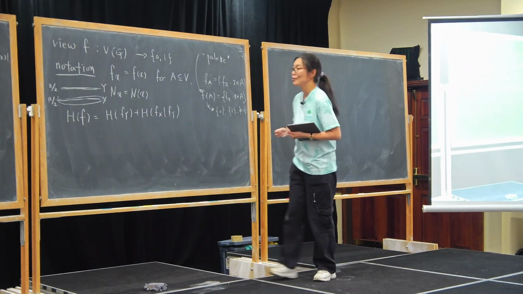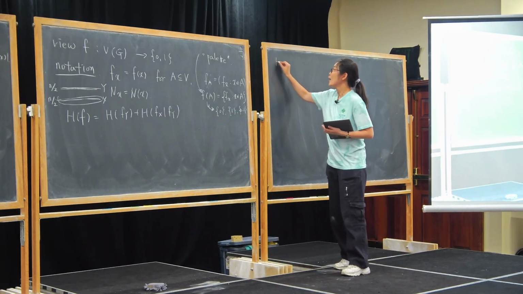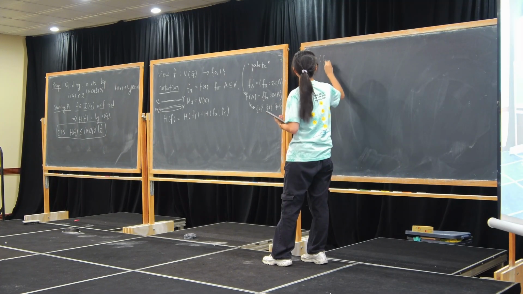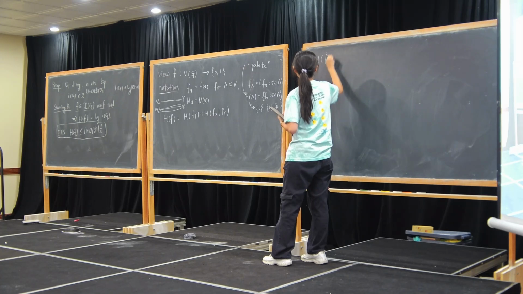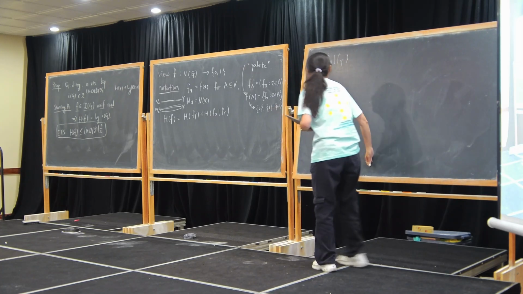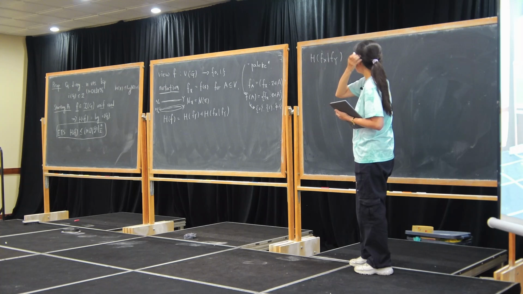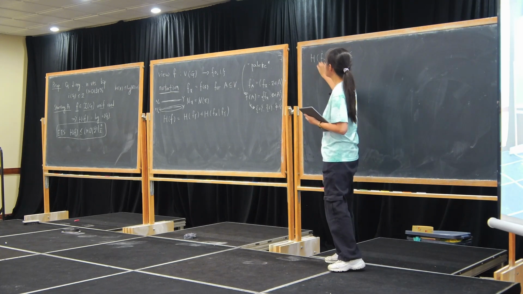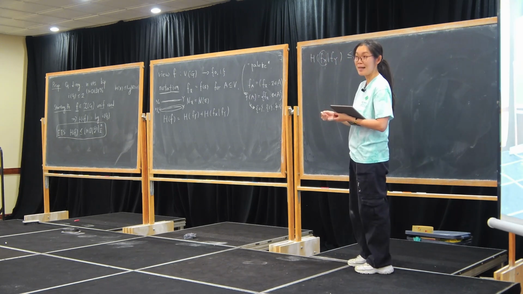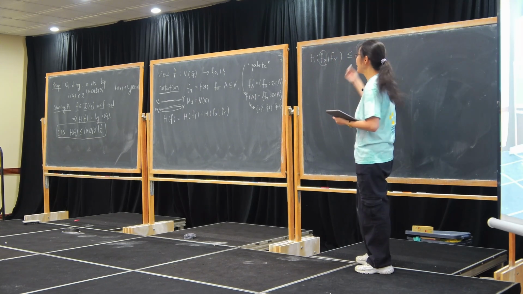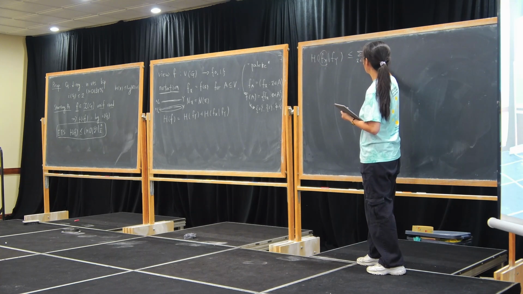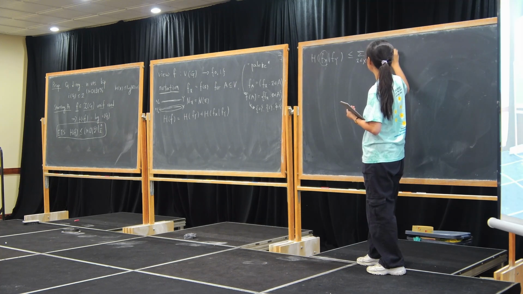So first, let's give an upper bound on the first term, the second term, sorry. Which one do I want to do first? Okay, the second one. So for this one, we use some properties. First of all, this is the vertex set of x, and we'll just split them, and then express this as a sum for each x in X of entropy of f sub x given f sub y.